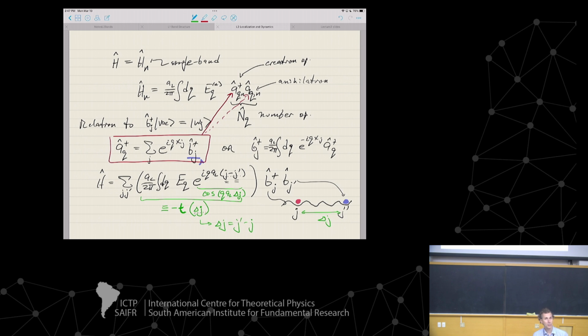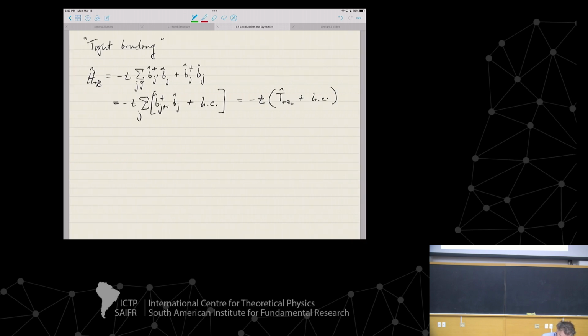And so the tight binding approximation says that that's the only thing left. It's the only Fourier component I'm going to leave in the dispersion relation. If I left other Fourier components in the dispersion relation, then I'd get a non-zero answer for delta J equals 2, let's say. So the dispersion relation, the energy of the band, is something quite simple then. It's minus 2t times cosine of ALQ.